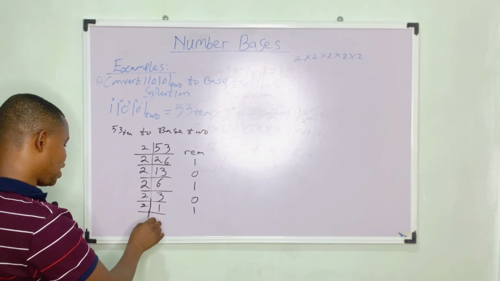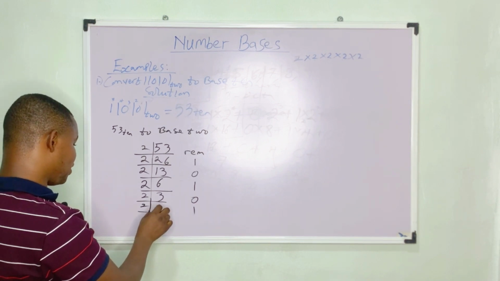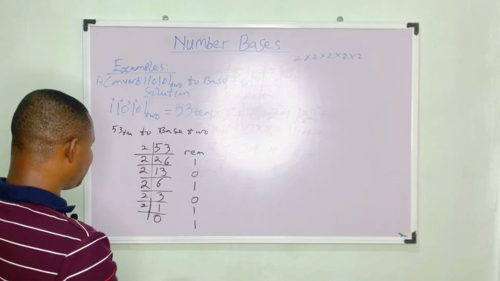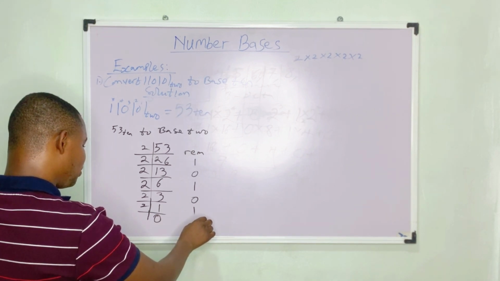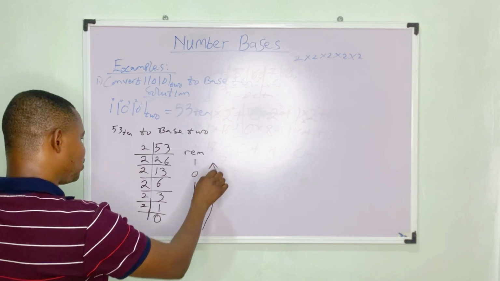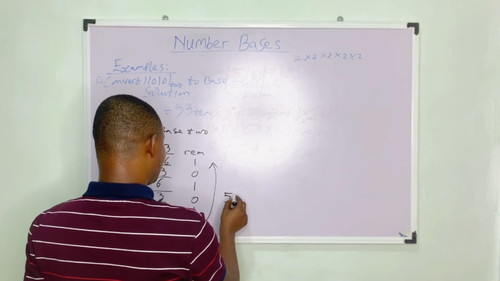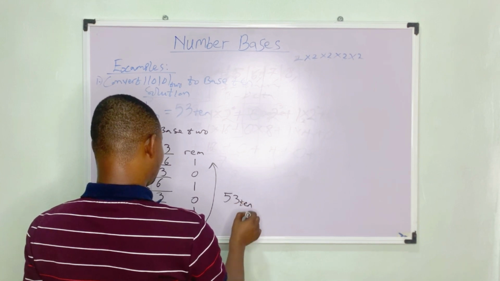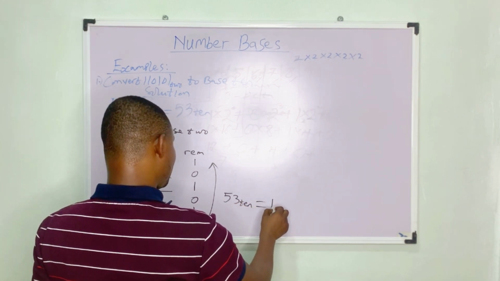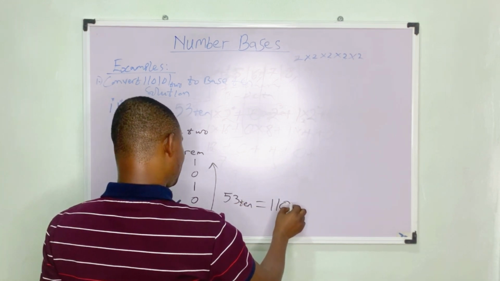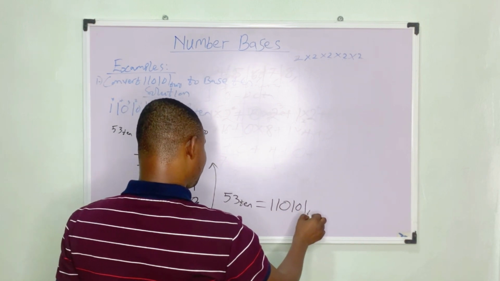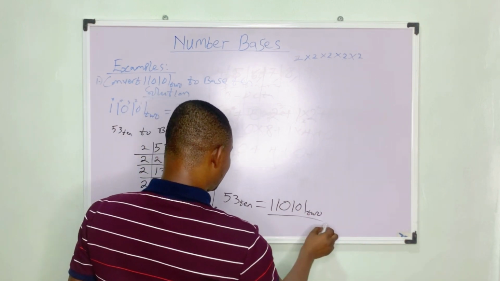1 divided by 2 is impossible. That means we're going to write 0. Then we have remainder 1. If we now read, we read from bottom to top this way. It means our 53 in base 10 will be equal to 110,101 in base 2.